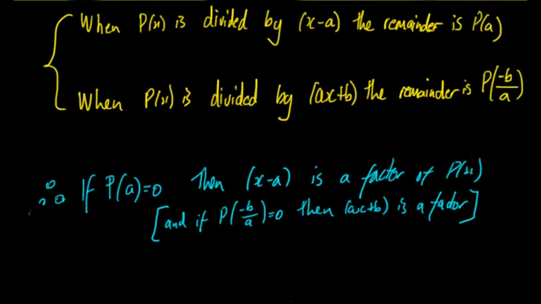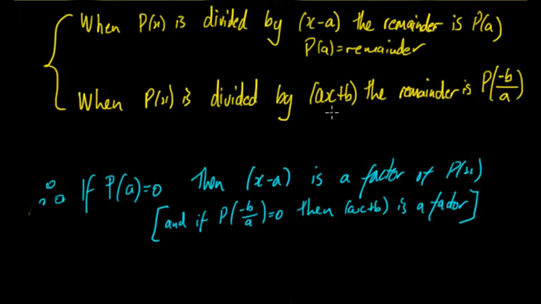So in a general sense, we can say that when p(x) is divided by x minus a, the remainder is p(a). Another way of thinking about that is p(a) is equal to the remainder, where a can be any type of constant.